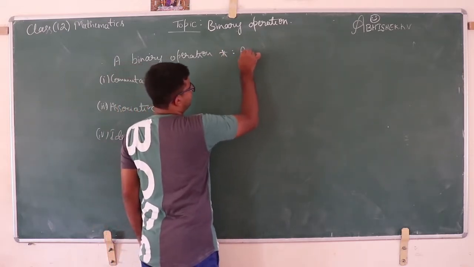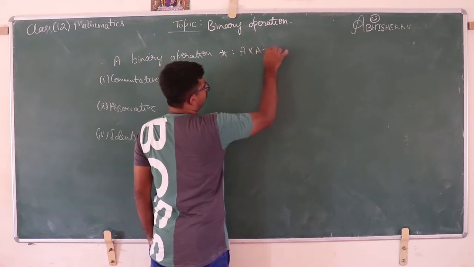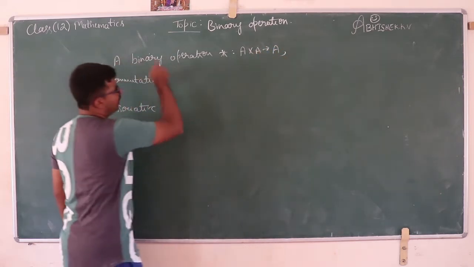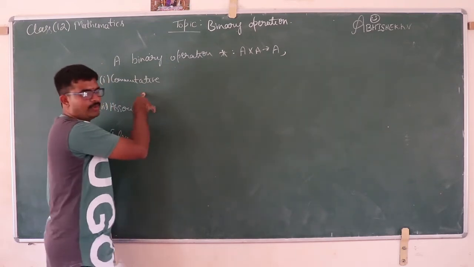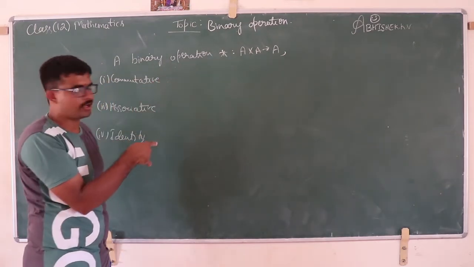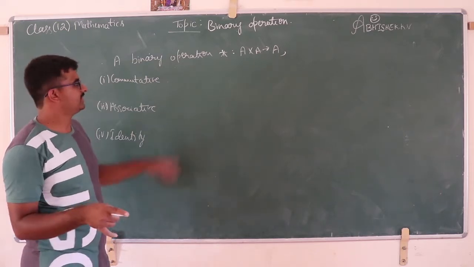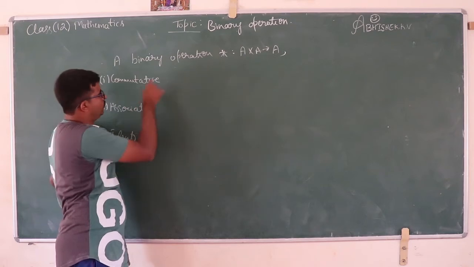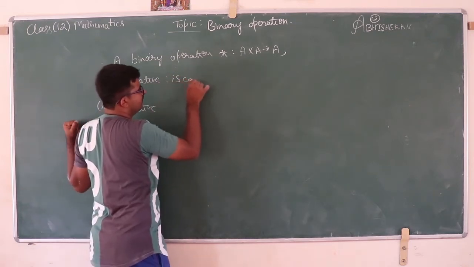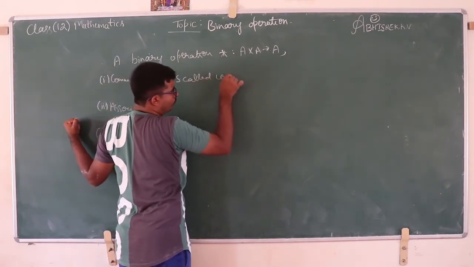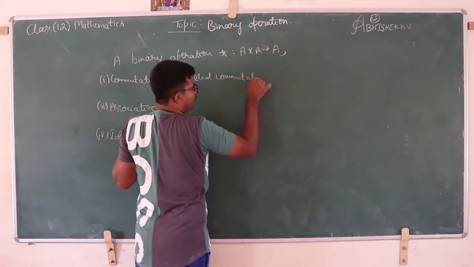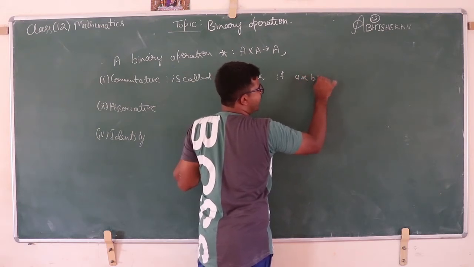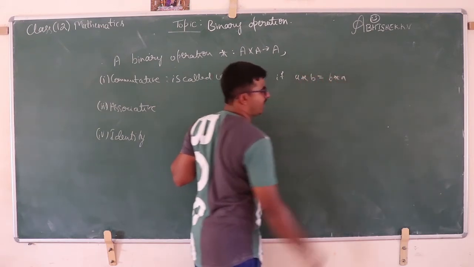If I consider the set A, then A cross A to A. A binary operation star. To define commutative, it should be a binary operation. Okay? What is a binary operation? It is a function from A cross A to A. A binary operation star from A cross A to A is called commutative if a star b is equal to b star a.